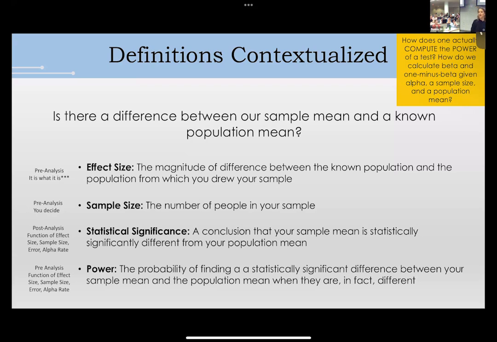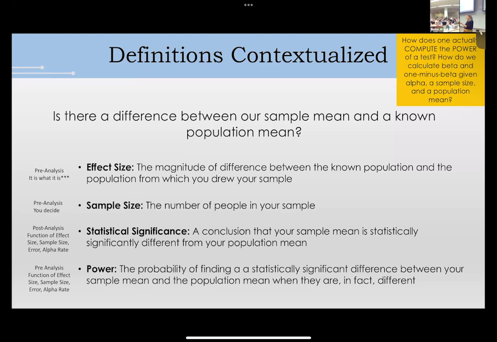What we do is we say, let's assume there's an effect out there, right? And in fact, not only do we assume there's an effect, we actually get to predict how big we think that effect will be. And then we say, I want to set power at 0.8. What does that mean? It means assuming there's an effect, I want there to be an 0.8 probability that I will find that effect, right?